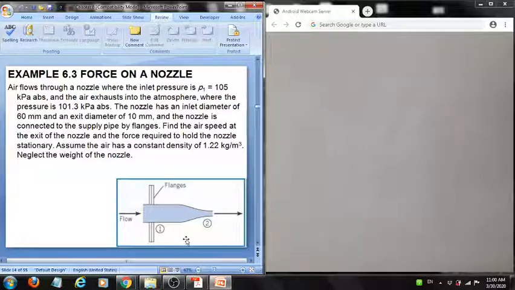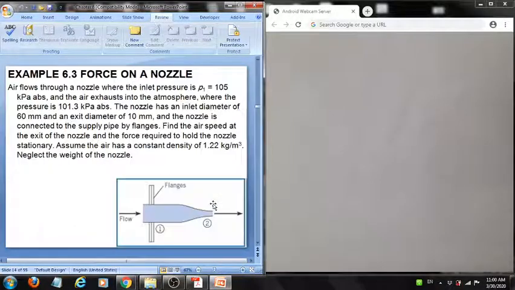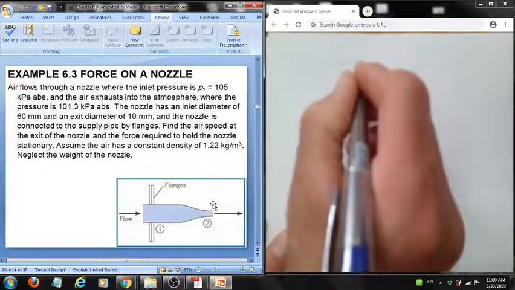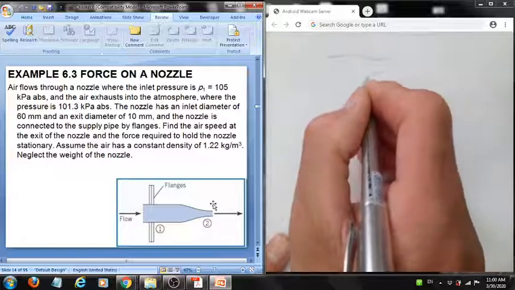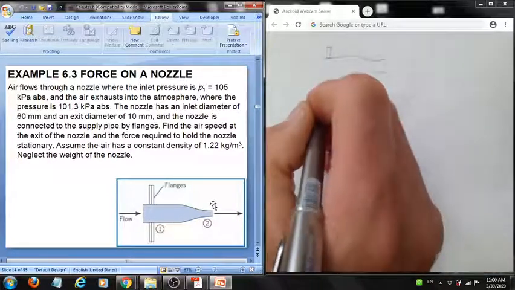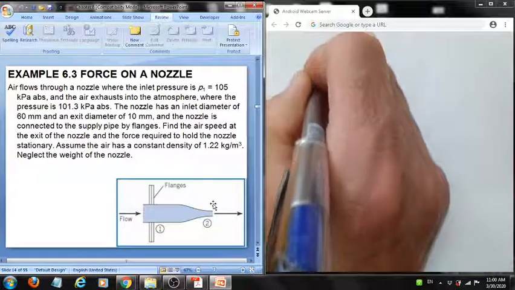First of all, let's draw the control volume as he's done it in this case. In our case we have the nozzle, it's held by the flanges, and we draw our control volume in this manner.